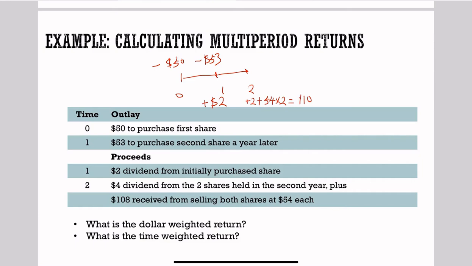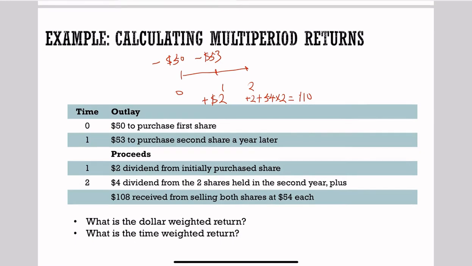Now, what is the dollar weighted return? Well, again, dollar weighted return is really just the internal rate of return. Internal rate of return will try to equate the cash inflow to the cash outflow, both in present value terms, right? So what is the present value of your cash outflow? It's 50 plus 53 divided by 1 plus r, right?